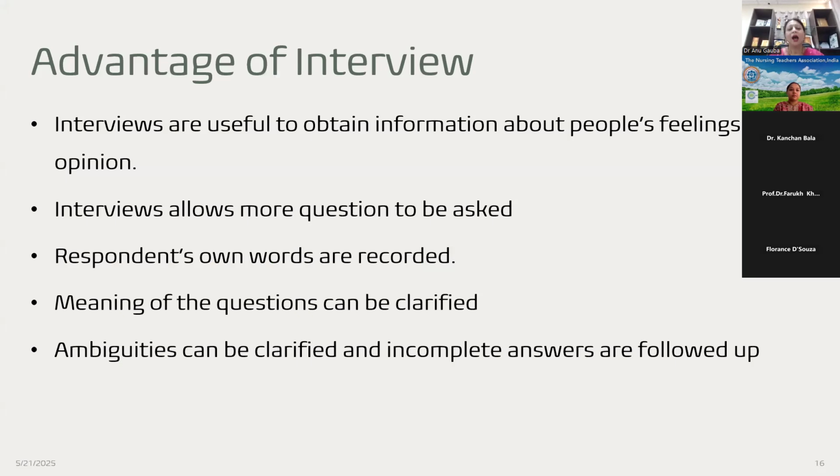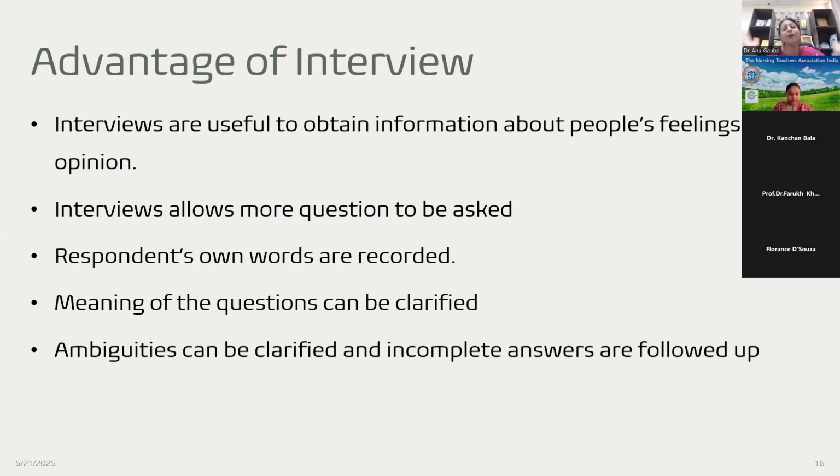Now, I can say that yes, there are many advantages of interviews. You know why? Because you can ask more and more questions to the individual, right? If you ask open-ended questions to the interviewees, they will share each and everything with you.